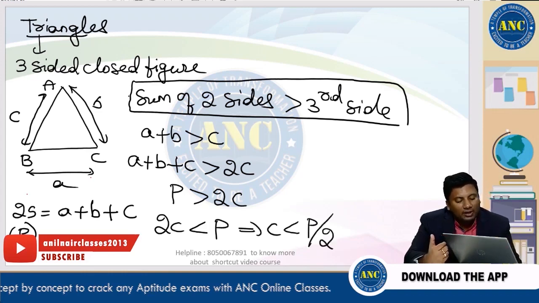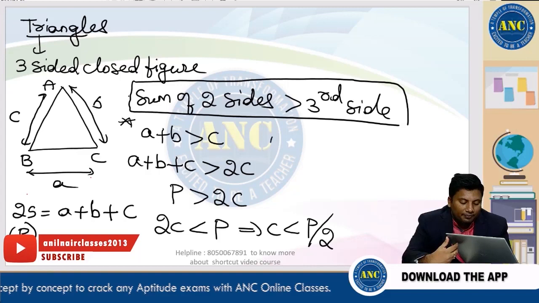Because I took a plus b greater than c, I got c less than p by 2. If I take b plus c greater than a, I will get a less than p by 2. If I take c plus a greater than b, I will get b less than p by 2. Very, very important point.